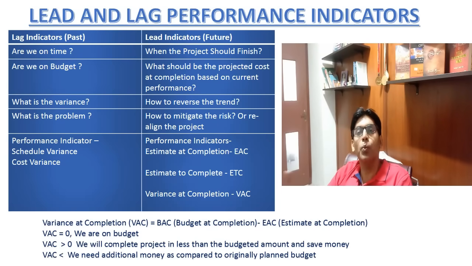But apart from whatever has already happened, we should also know, based on current performance, how my project will shape up. Will I be able to complete the project on time? Will I be completing the project within budget or not?